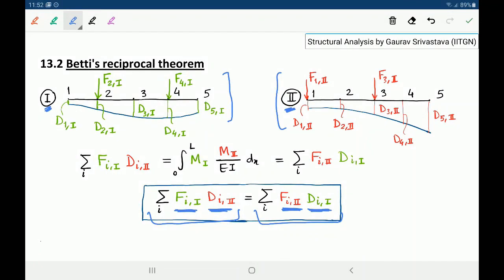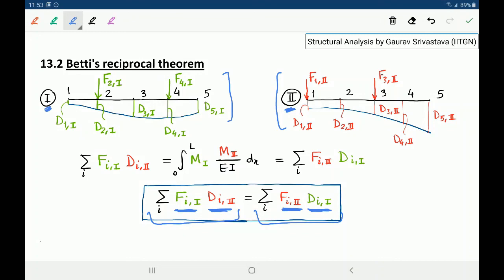Okay, so these are important theorems. Sometimes they become very useful in judging a few things about systems just by inspection. Sometimes we might have calculated a few things, and there may be a few things which are not yet known, but if we are aware of these reciprocal theorems, those calculations become very easy.